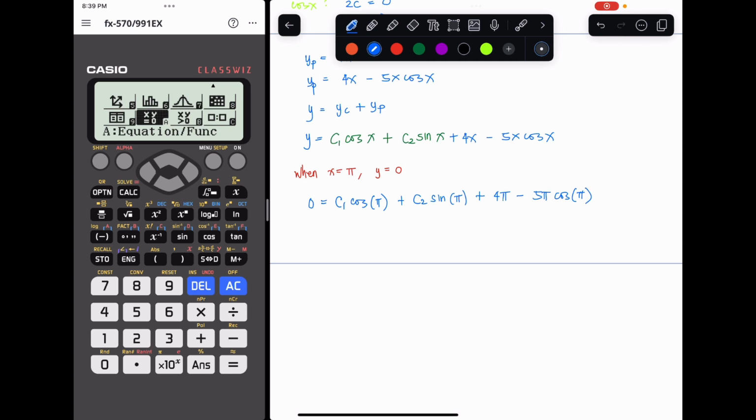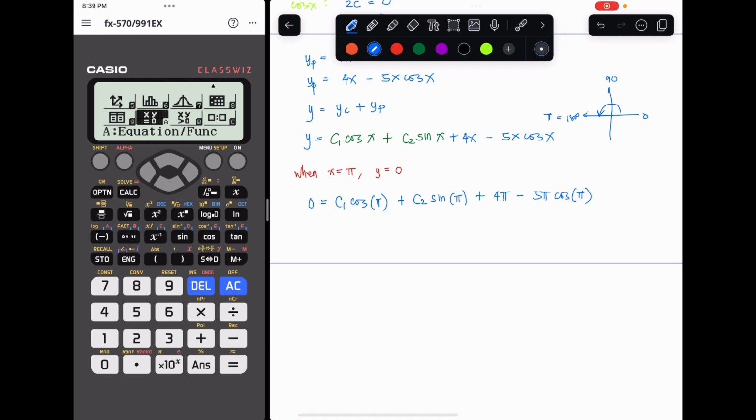So remember in the Cartesian plane, if this is 0 degrees, this is 90, so this is 180. So pi is equivalent to 180 degrees. So therefore, the cosine of pi is negative 1.